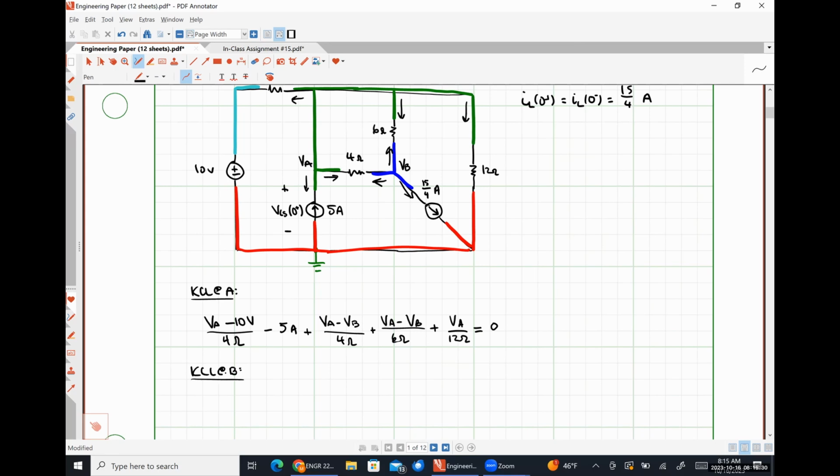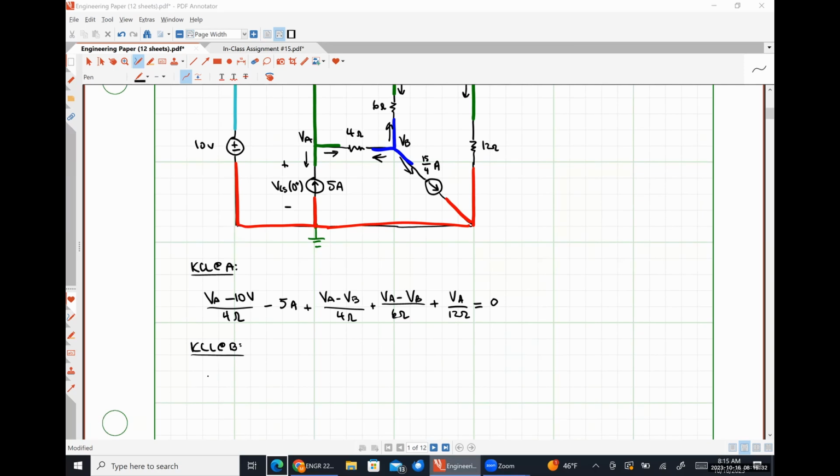So that's going to look like VB minus VA over 4 ohms, plus VB minus VA over 6 ohms, plus 15/4 of an amp is equal to 0. Solving this system will give me VA and VB. So let's throw that into our calculators.